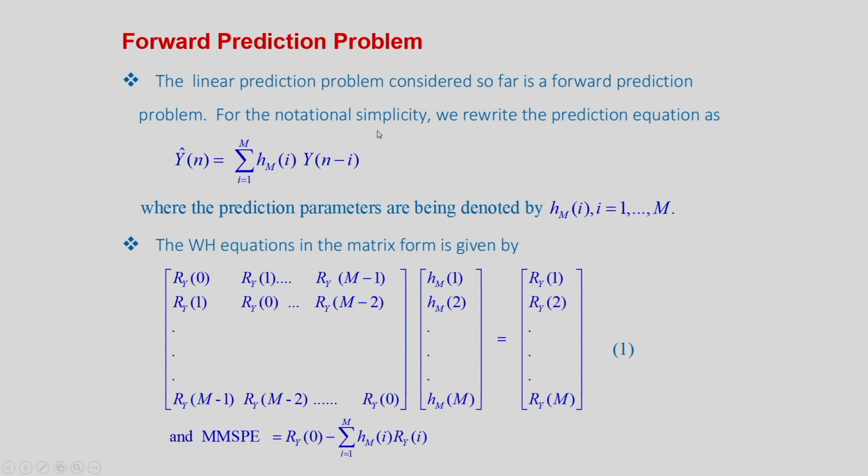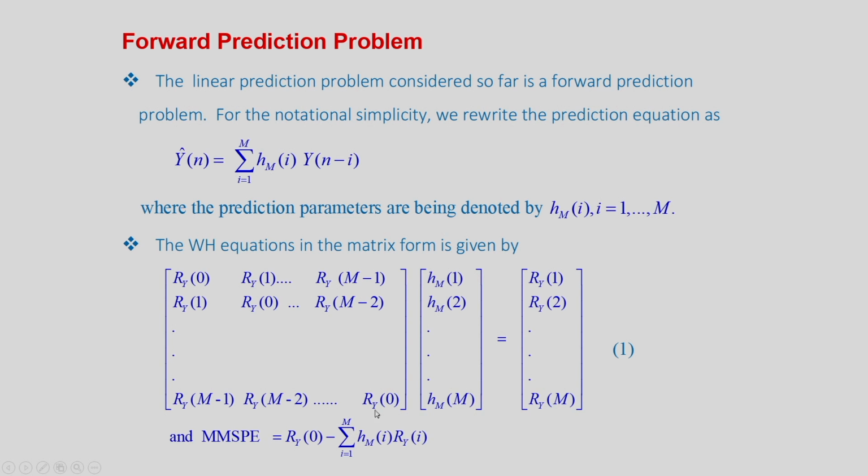For notational simplicity, we rewrite the prediction equation as ŷ[n] equal to summation H_mi y[n-i], i going from 1 to m, where the prediction parameters are denoted by H_mi. Here we have included the order parameter m as a suffix. The Wiener-Hopf equations in matrix form are given by this.